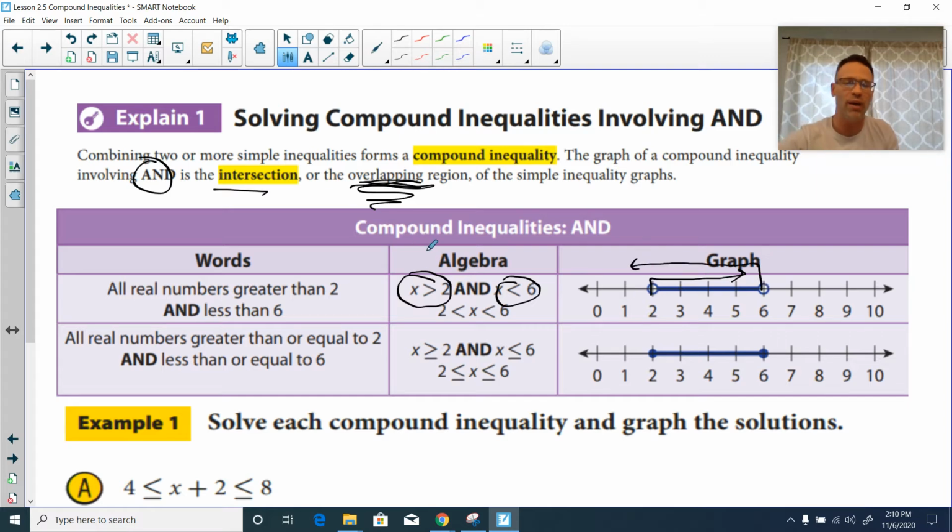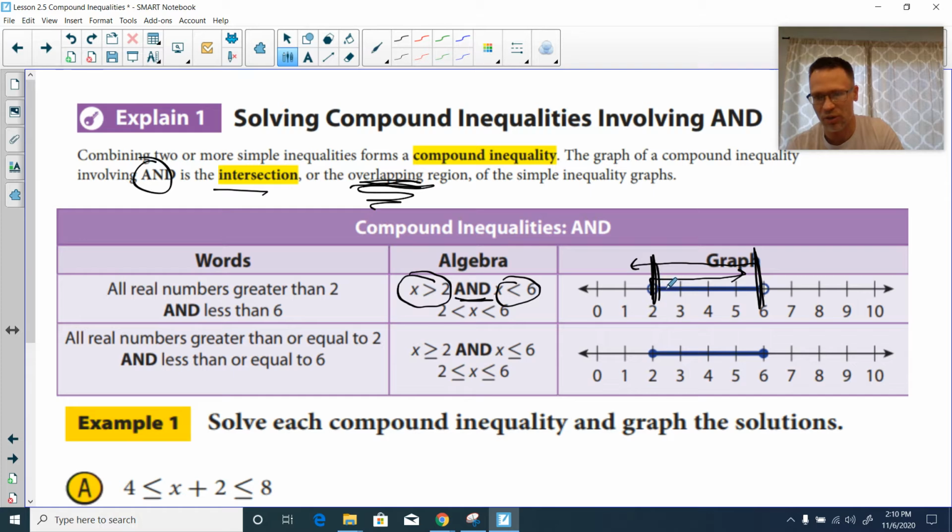And if I'm joining them for a compound inequality using the word and, that means I need things to be true for both inequalities, right? They have to be both greater than 2, but at the same time less than 6. Let's say that again. They have to be greater than 2, but at the same time less than 6. Where does that happen? Well, that happens in between 2 and 6, right?